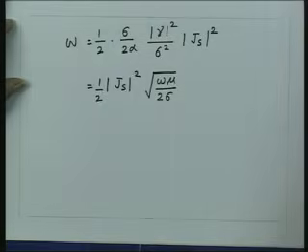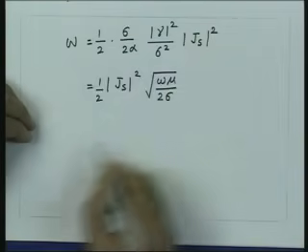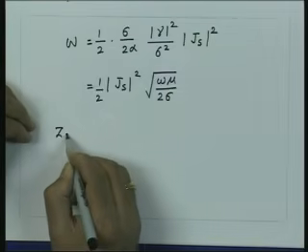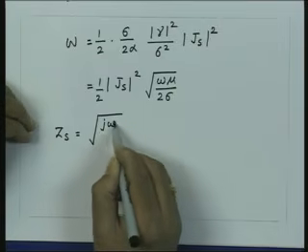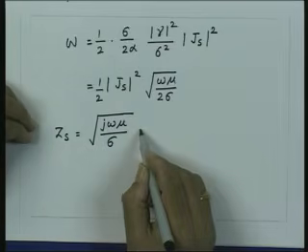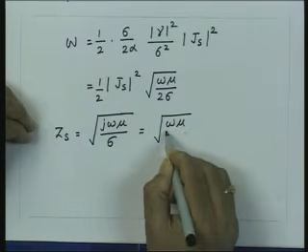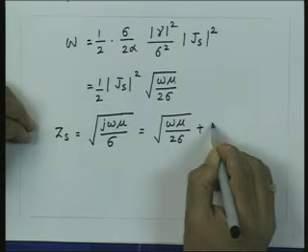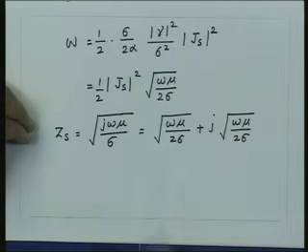And this quantity, if I go back to the characteristic impedance which I have defined, I get from here. The characteristic or intrinsic impedance of the medium, or the surface impedance which we have got, is square root of j omega mu divided by sigma, which is the same as square root of omega mu by 2 sigma plus j square root of omega mu by 2 sigma.